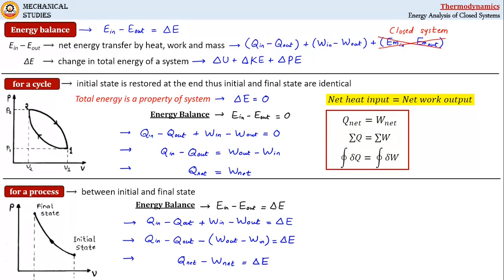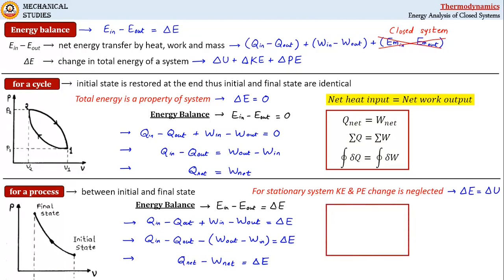Now here closed systems are considered as stationary systems where change in kinetic energy and change in potential energy are neglected. So we can write here change in total energy delta E will be equal to change in internal energy delta U. And thus the final expressions of the first law of thermodynamics applied to a closed system undergoing a process can be written in these various forms.